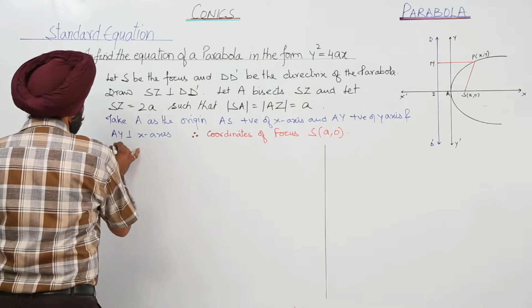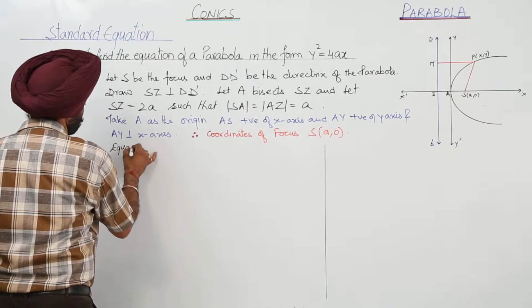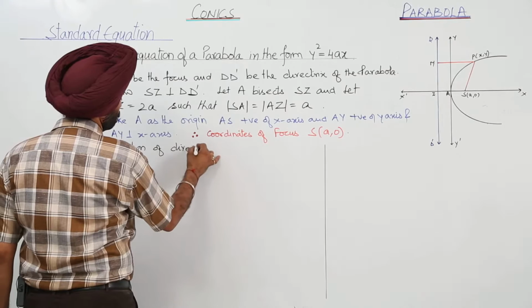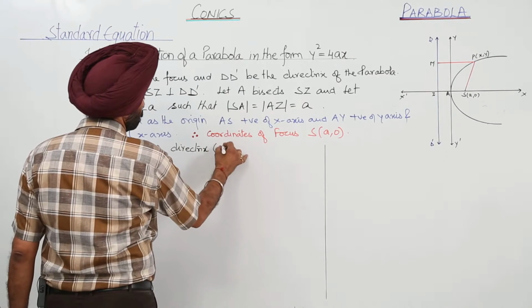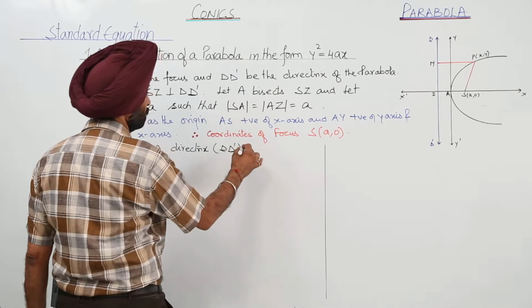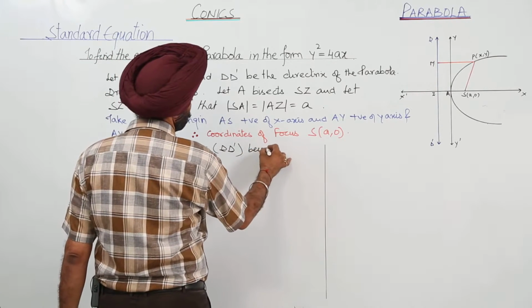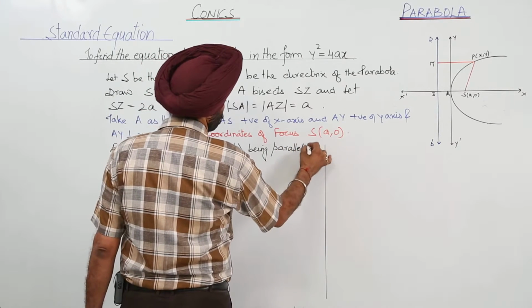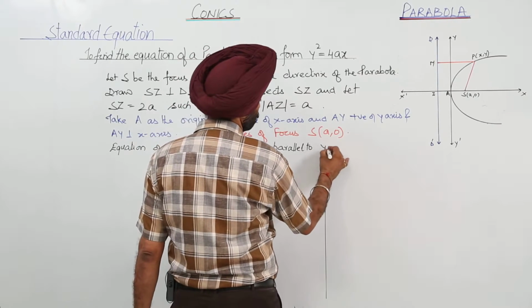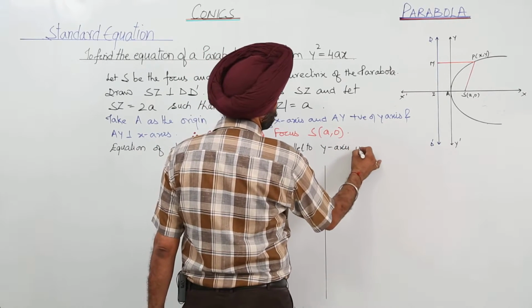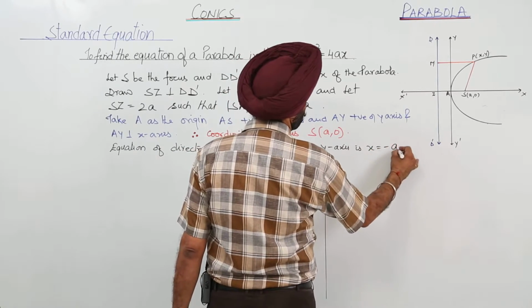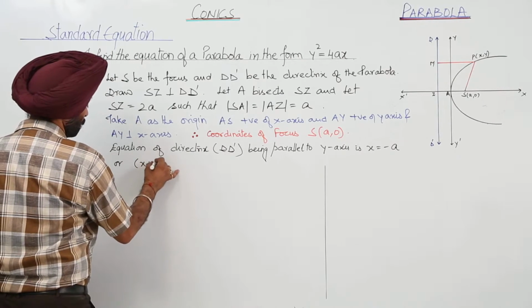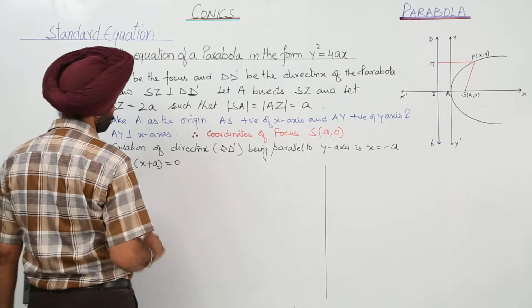Now, the equation of the directrix. The directrix D dash, being parallel to the y-axis, is x is equal to negative a, or x plus a is equal to 0.